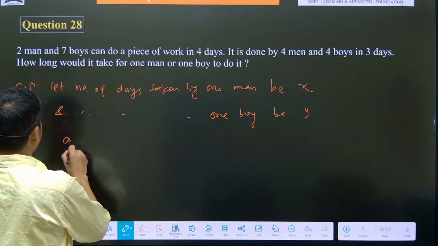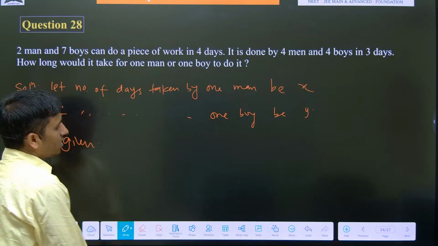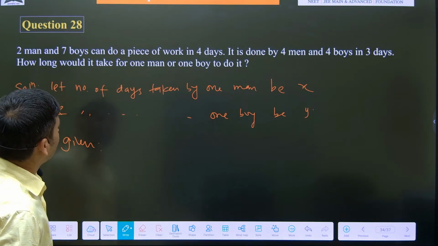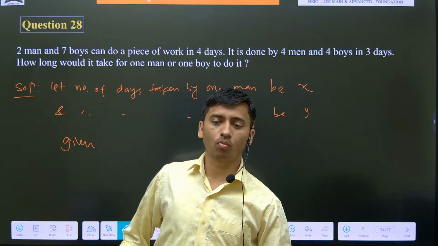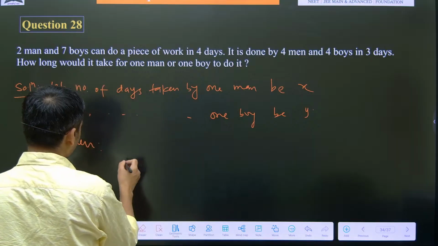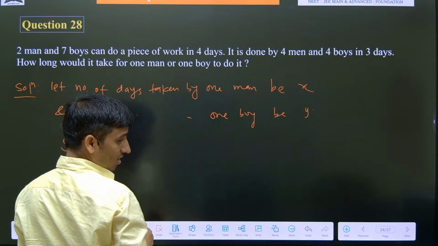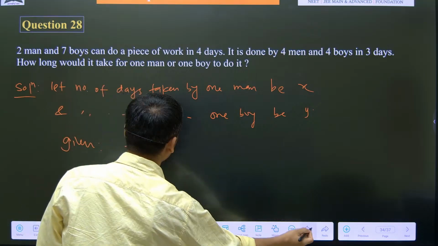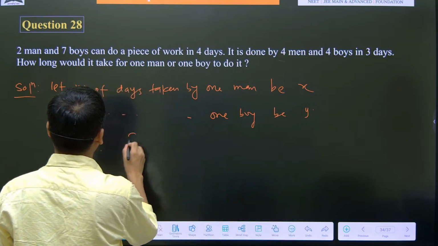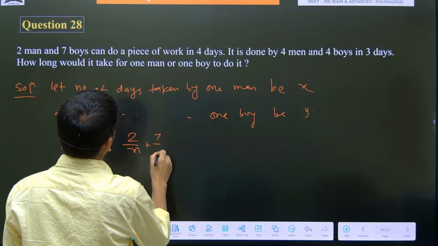Now we can frame the equation they have given. So how many boys are there? 2, right? So what I just now told you, 1 upon time taken by one. So 2 upon x we can write, since there are 2 men, so 2 upon x plus 7 upon y, that is given as 1 upon 4.